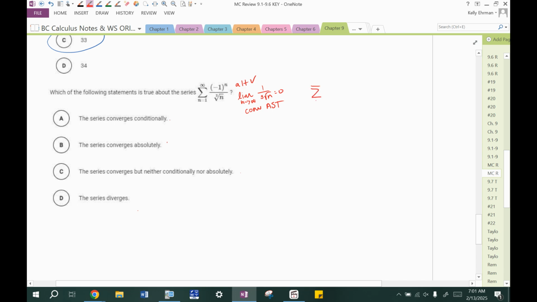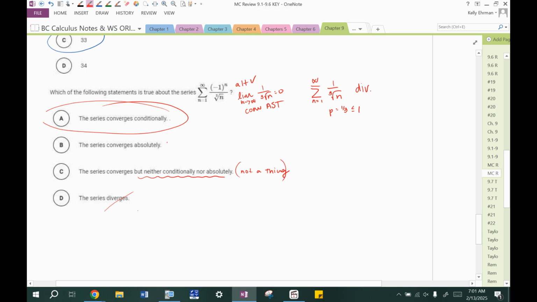So the non-alternating version is just a p-series, and p is 1/3, which is less than or equal to 1. So the non-alternating diverges. That means that the series converges, but conditionally. It doesn't converge absolutely. It doesn't diverge. And this is not a thing: converges neither conditionally nor absolutely.